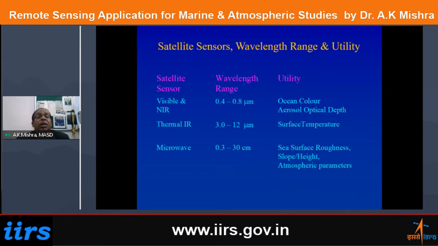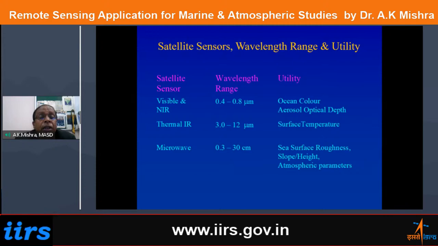So the satellite sensors are categorized in 3 groups, mainly visible and near infrared, then thermal infrared and microwave. The wavelength range of visible and near infrared is 0.4 to 0.8 micrometer, and the utility is to study the ocean color, and in the atmosphere you will get the information about aerosol optical depth, which is nowadays being used to estimate the air quality.